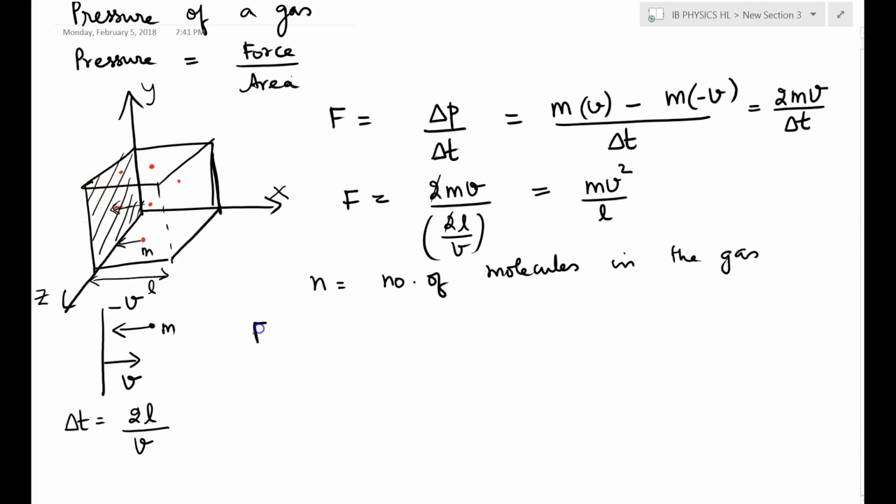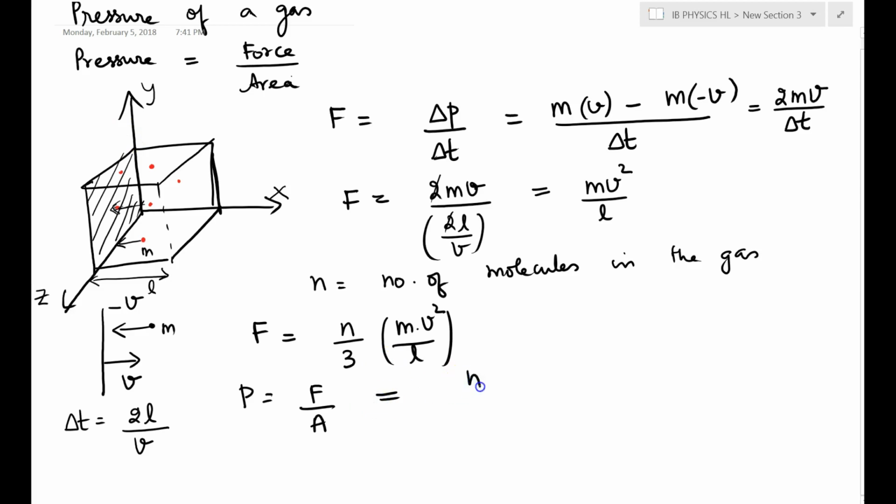So the collective force exerted by all of those molecules can simply be got by multiplying that by the number of molecules. So n divided by 3 times mv squared divided by L. This is the force exerted by all of the molecules on that wall. But we are looking for pressure, which we know is force divided by area. So pressure is F divided by A, and the area of this surface of a cube is nothing but side times side, which is L squared.